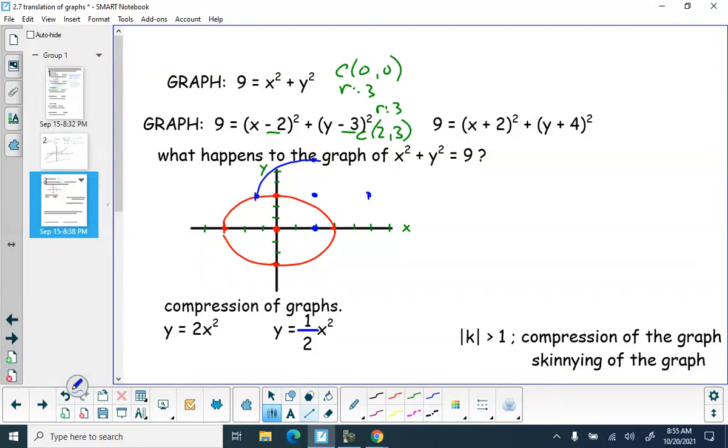We would get the exact same graph, the exact same Stewie head, but everything would be translated 2 to the right and 3 upwards.